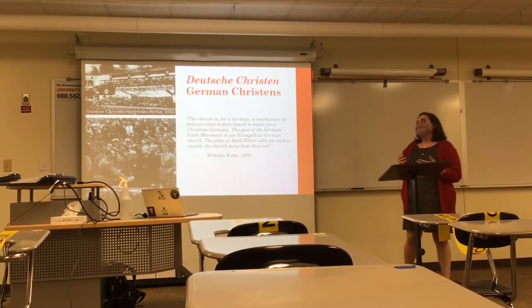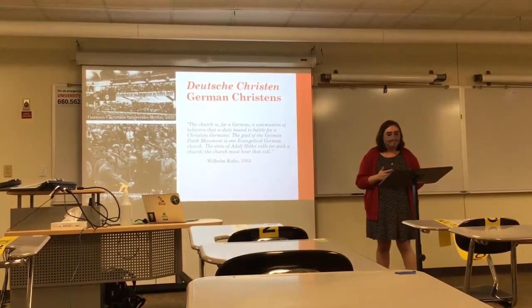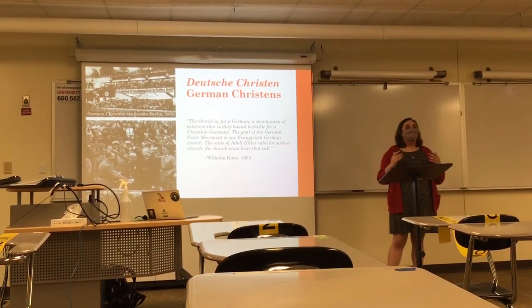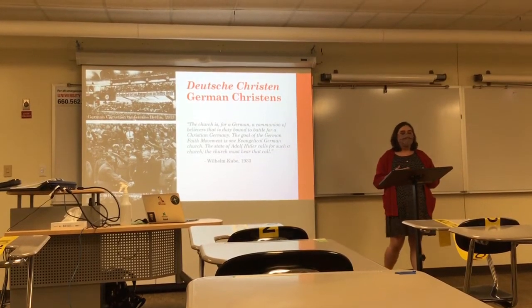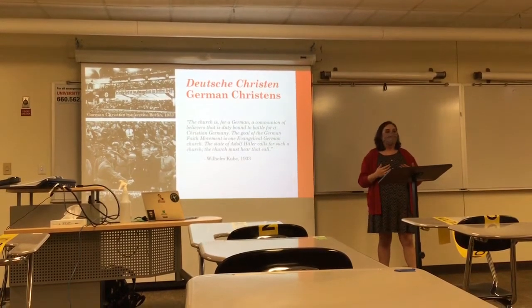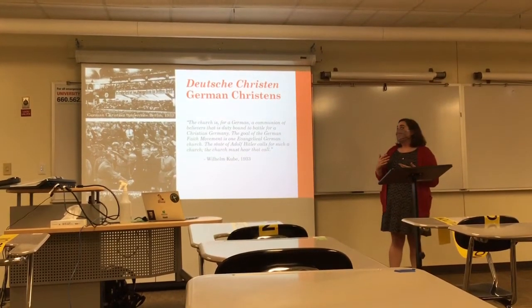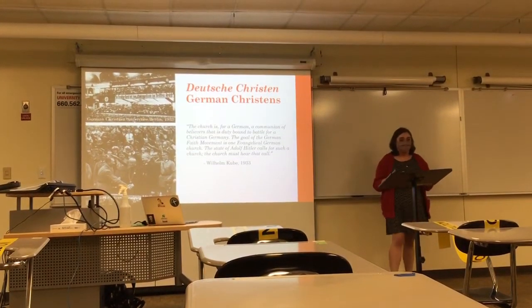So Hitler's dream of having a centralized Reichskirche really started in 1932 when a group of theologians, politicians, and lay people met together to talk about how they were going to align the Protestant church with the Nazi Party. The group that met later became the Deutsche Christen, or German Christians.